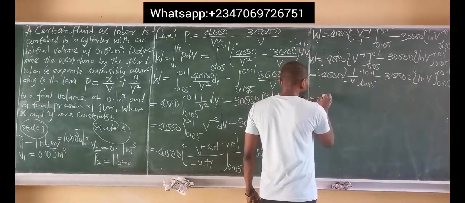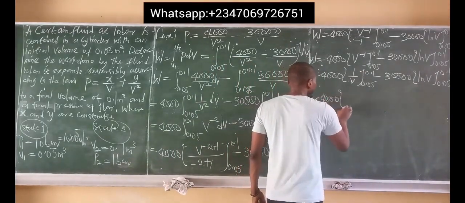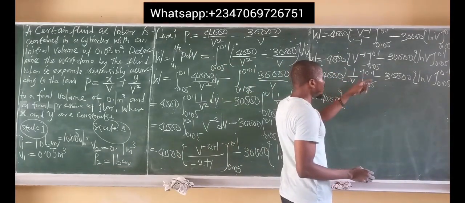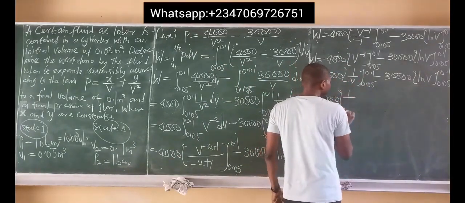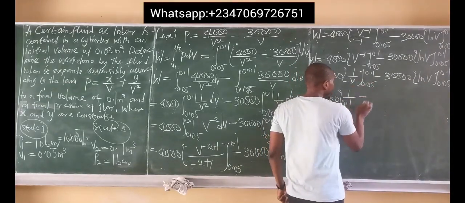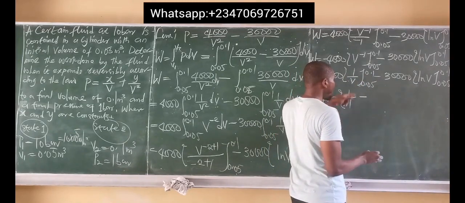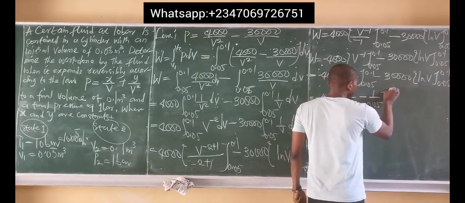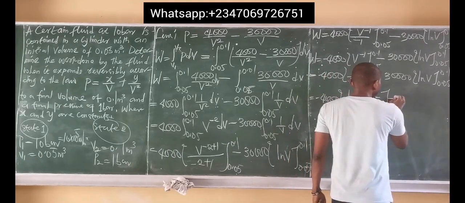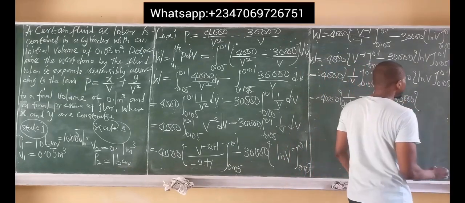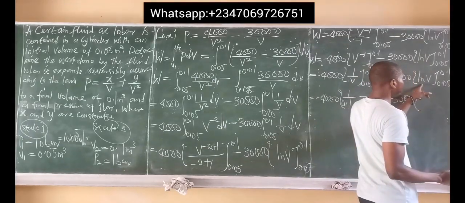Now, this is equal to minus 4,000 into, this is 1 all over v. In place of v, I start with upper limit. So this is 1 all over, upper limit is 0.1. So 1 over 0.1 minus, again, lower limit, 1 all over 0.05 for the lower limit, okay? Minus 30,000 into, again, upper limit minus lower limit.